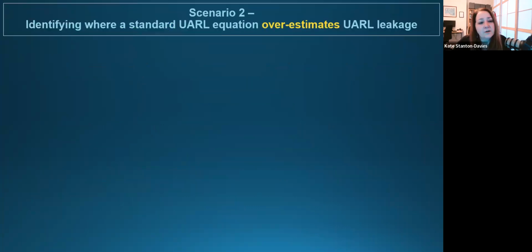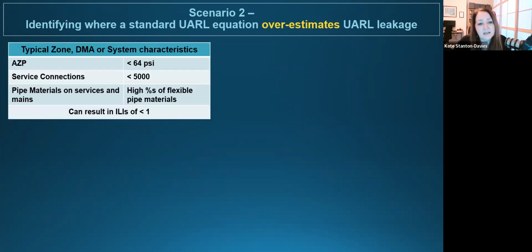The next scenario is looking at the kind of conditions where a standard UARL equation will tend to overestimate UARL leakage. This tends to happen when you've got low average zone pressures, less than 64 psi or 45 meters.